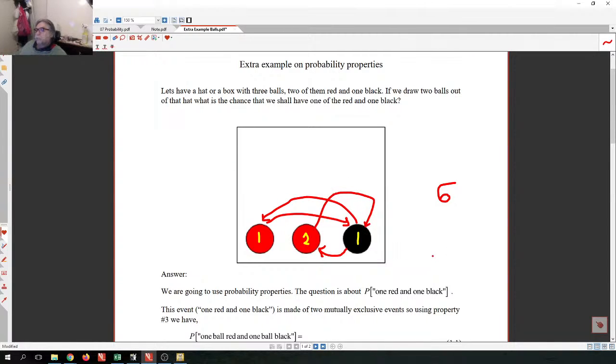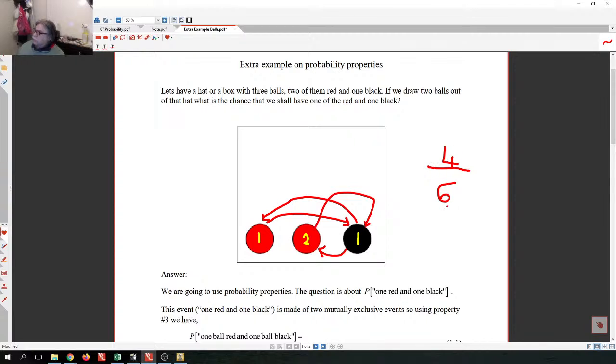All right. The first one, the second one. So the arrow points to the second one. Right? Well, you can count here. It's 4. So 4 of the drawings are going to end up with one red and one black. So it's 4, and 4 out of 6 is the answer here.